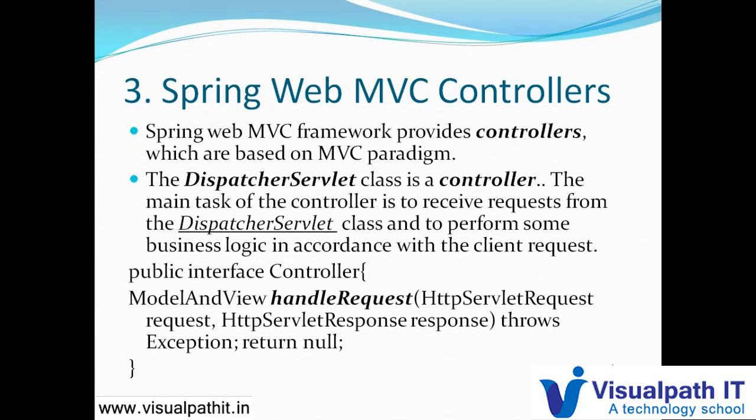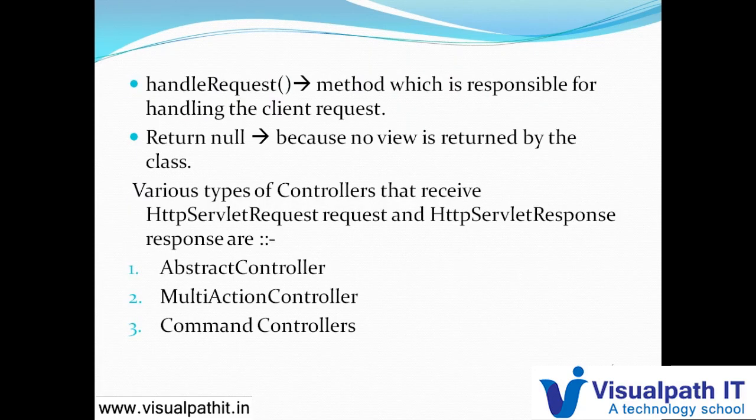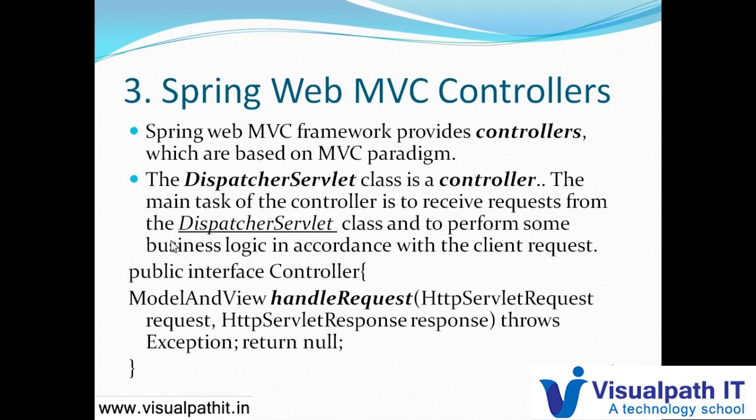So let's consider the code snippet here. What exactly is happening in it? It is the public interface controller, model and view. Here we are processing the request and returning a model and view object.